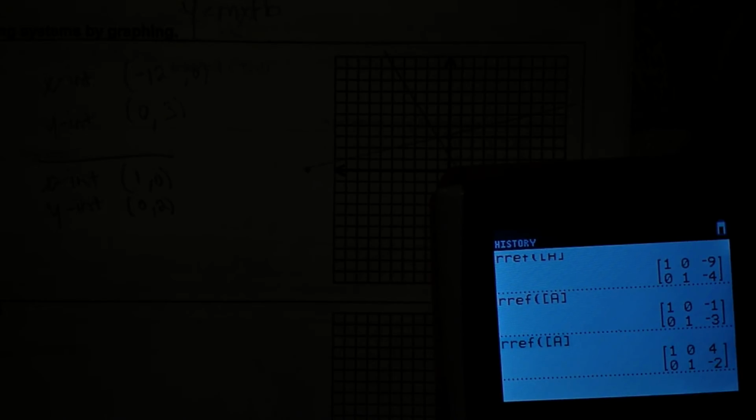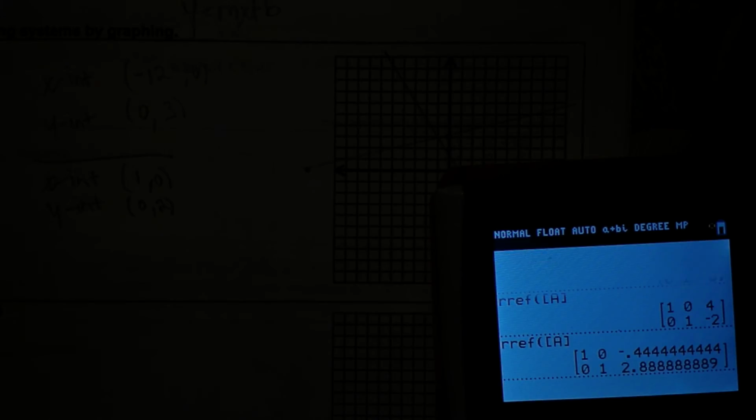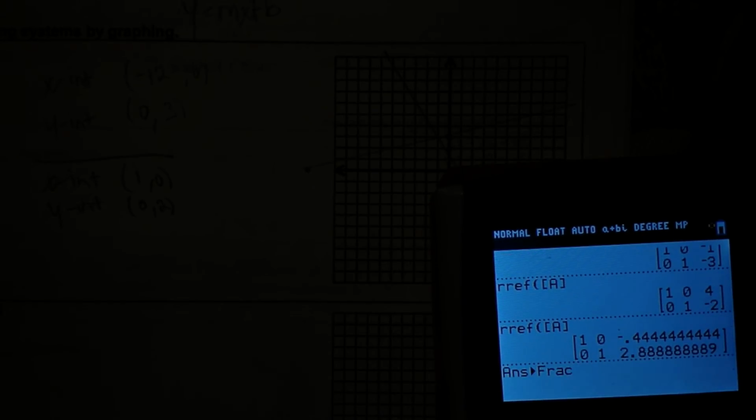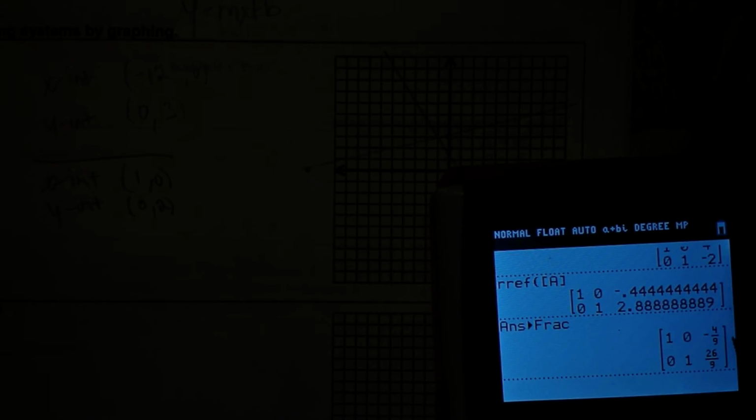Since it's already in standard form, you can just put it into a matrix. So 1, -4, -12, 2, 1, 2. So I could do math, frac, and it gives it to me as a fraction.